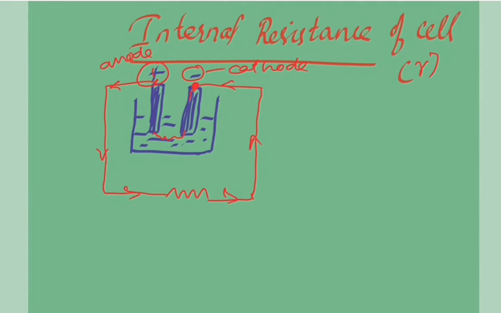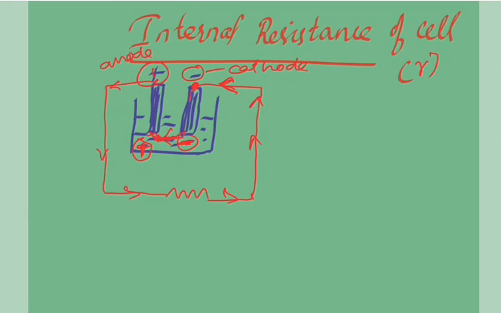That is, inside the cell, the current will be flowing through the electrolyte from cathode to anode. So when you are seeing the whole circuit, outside the cell the current is flowing from anode or positive terminal towards the cathode, that is the negative terminal, and inside the cell the current is flowing from negative, that is cathode, to positive, that is anode.